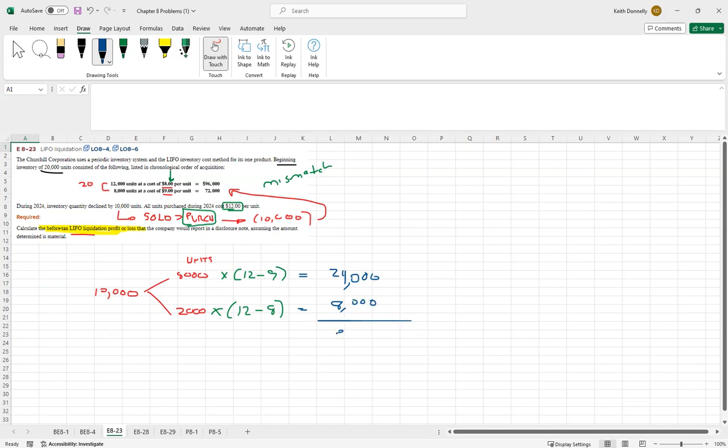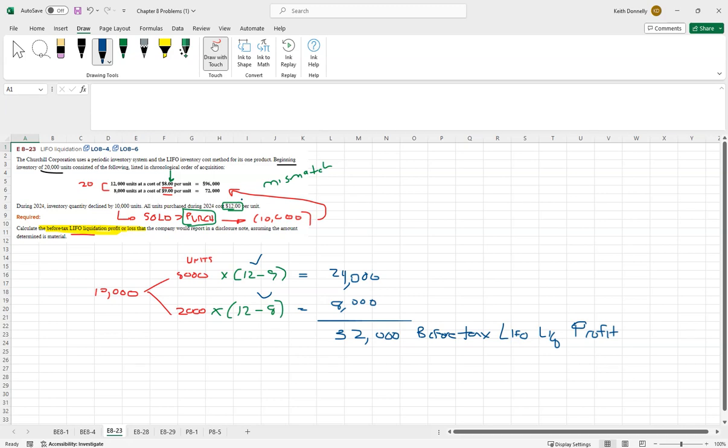Essentially what you're looking at here is $32,000 of before tax LIFO liquidation profit. That's really what it's saying. This profit was caused by dipping into the previous layers. It's exposure by virtue of this mismatch.